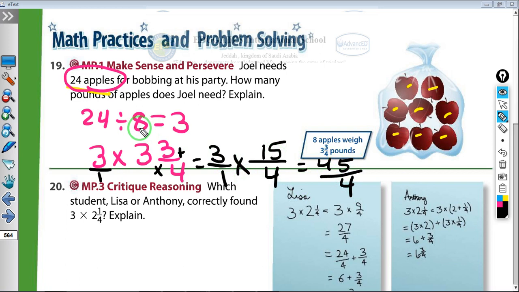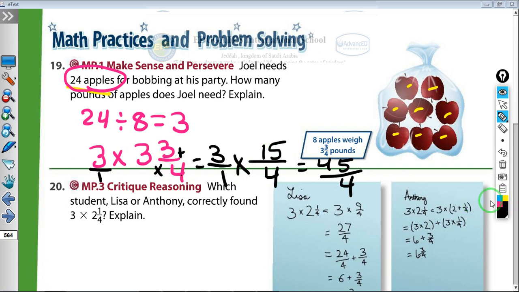Again, why do we multiply 3 bags by this? Because each bag is this weight. So he has 3 bags, so you have to multiply 3 bags by this weight. The 3, put it 3 over 1, and make the 4 down. 3 times 4 is 12. 12 plus 3 is 15.